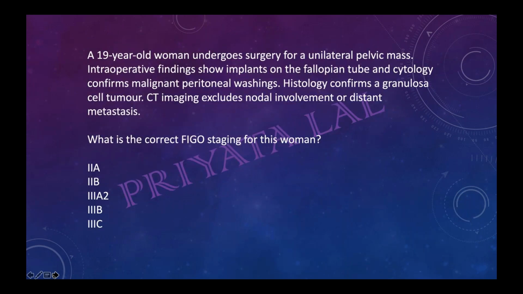Okay, a 19 year old girl for surgery. Intraoperative finding shows implants on the fallopian tube, and cytology confirms, histology confirms granulosa cell tumor. CT excludes distant metastasis. What is the correct FIGO staging?